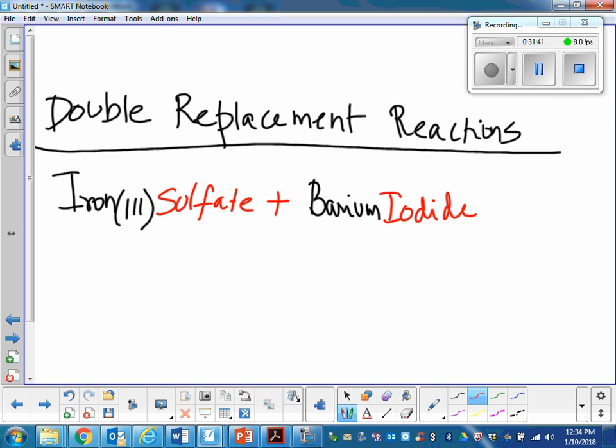So, Salim, what are the products of this reaction? Iron was going out with sulfate, barium was going out with iodide. Tell me what the new products are. Salim, please. Iron with whom? Iron 3.